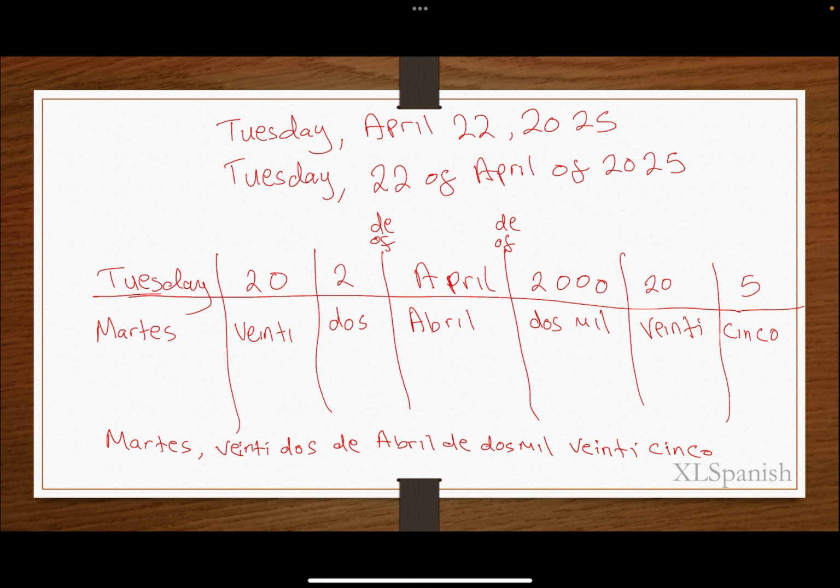Martes 22 de abril de 2025. So every time you transition between the day and the month, there's de. The month and the year, there's de.